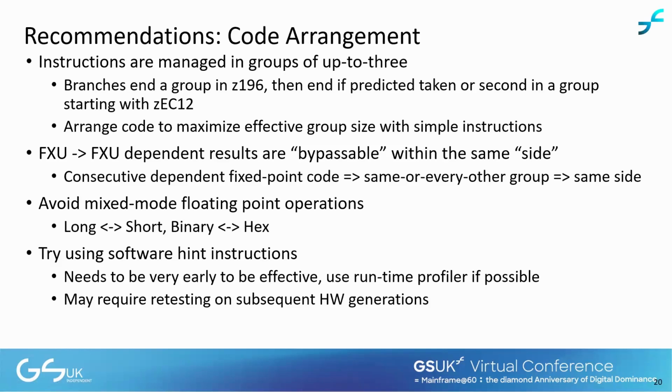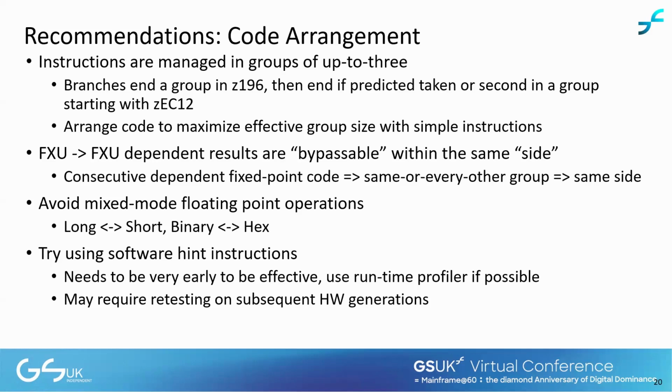Code arrangement, yeah, this is like, what's the word for this? I forget what compilers call that. Scheduling of instructions. And there are things about the particular hardware generation, like 3 versus 6, and a notion of side of the issue queue.